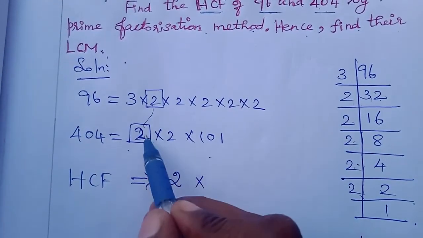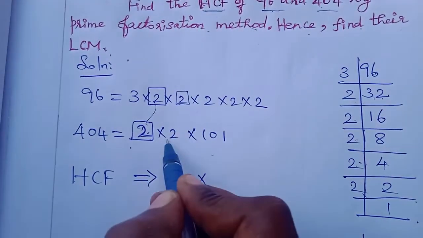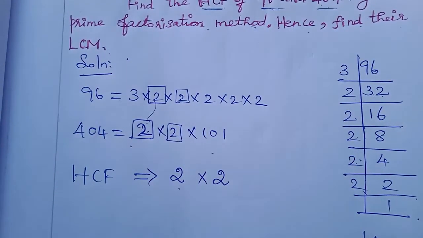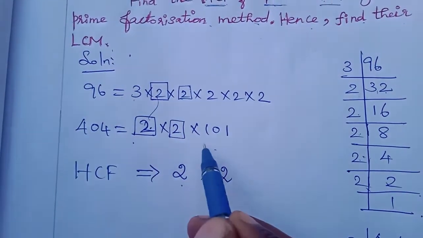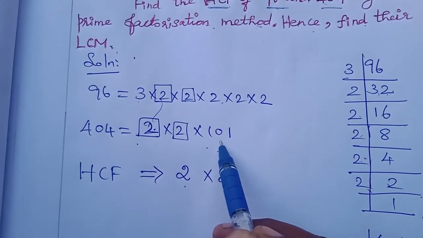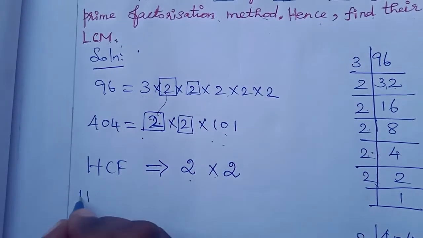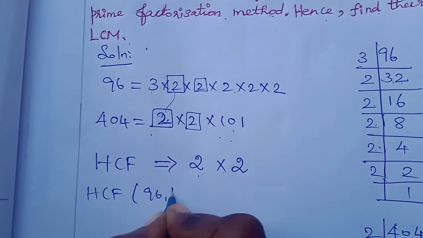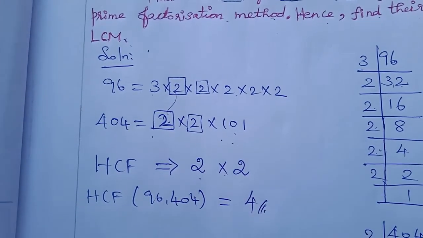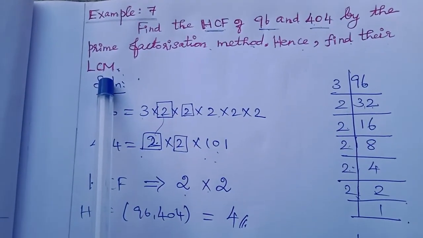Both are common, so for the two numbers we write 1. In the same way, here a 2 and here also a 2, so we write one more 2. Here 3 is there, but here 3 is not there. Here the remaining 2s are there, but here only 101 is there. No more common numbers are there. So 2 into 2, that's it. So HCF of 96 and 404 equals 2 into 2, which is 4.